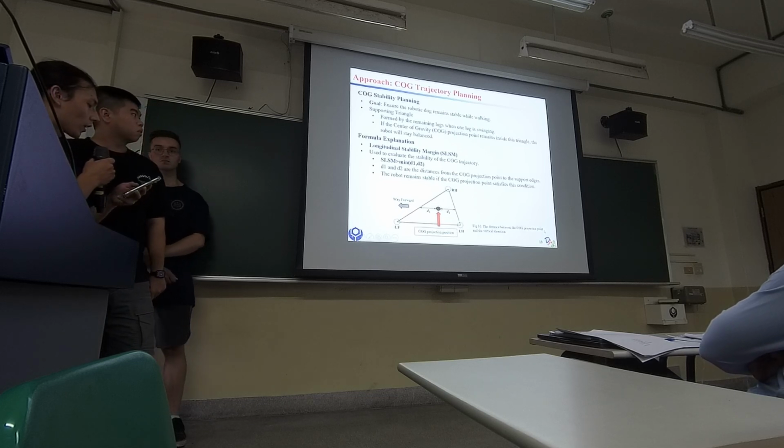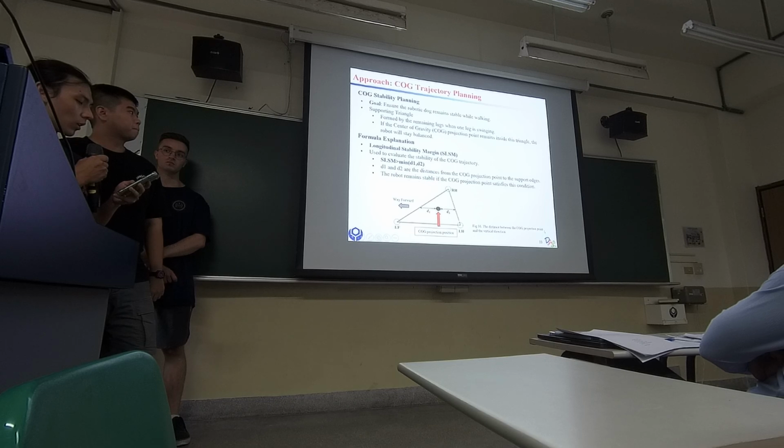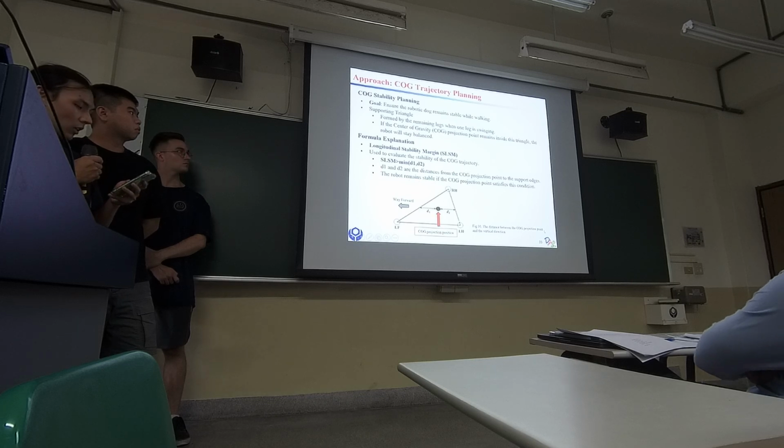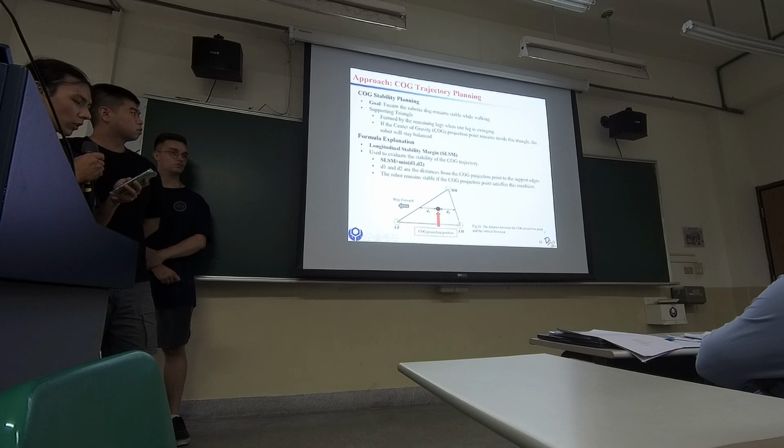When one leg is swinging, for the robot to maintain balance, the projection point of the COG must remain inside this triangle. To evaluate the stability of the COG trajectory, we use the longitudinal dynamic stability margin.